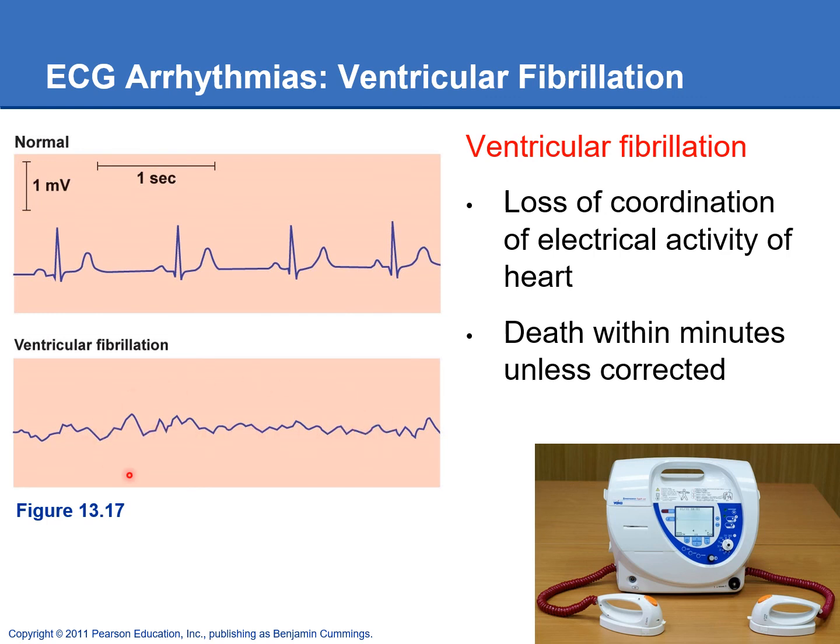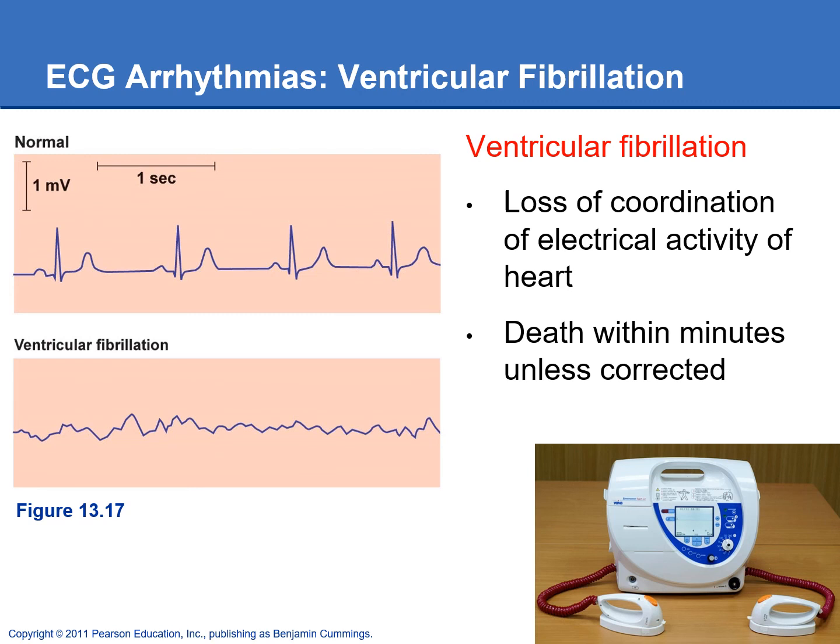And what happens is that the conduction fibers in the ventricles, the Purkinje fibers, they take over, but they're all generating action potentials at different times, and so all the contractile cells in the ventricles are all contracting at different times, and so the ventricle just sits there and it shakes or fibrillates. And so your ventricle is not actually pumping the blood around, and so this person is going to die very quickly unless you do something about it.